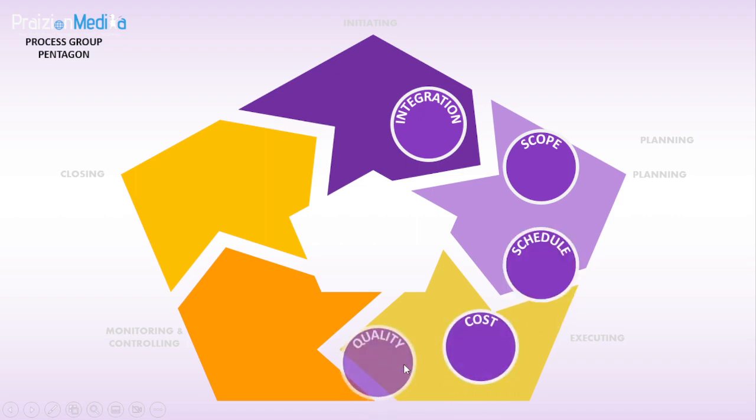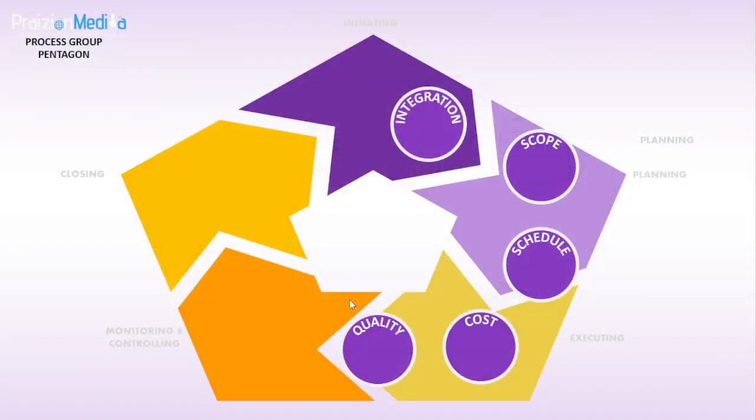Then quality: fitness for use, conformance to requirements, and customer satisfaction. Planning how to do that. How do we make sure this product is fit for use? How do we ensure that the project in totality conforms to the requirements, the regulations, and how does it satisfy the customer?